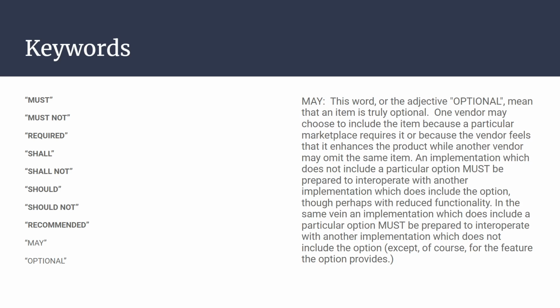Furthermore, we have may. Now, this is the actual optional part. Things that are written as may are purely optional. It may be something that a particular marketplace requires, or that you might think will enhance your product, but your competitor may just omit it for the same reasons.